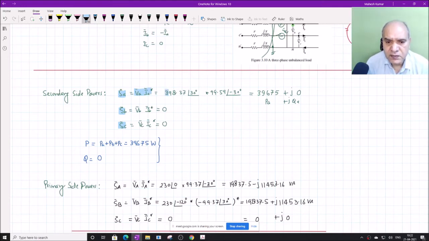Va is 398.37 angle of 30 degrees and Ia conjugate is 99.57 angle of minus 30, because the conjugate of Ia makes the angle negative. Multiplying this, we will get 39,675 watts plus j0. So Qa is 0 and Pa is this much. Okay, so in phase A the real power is 39,675 watts and Qa is equal to 0.